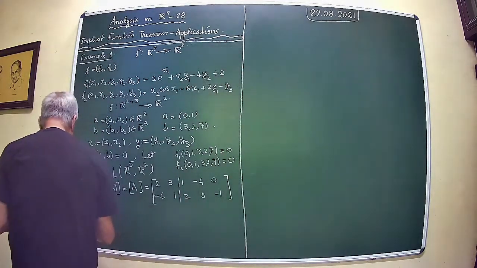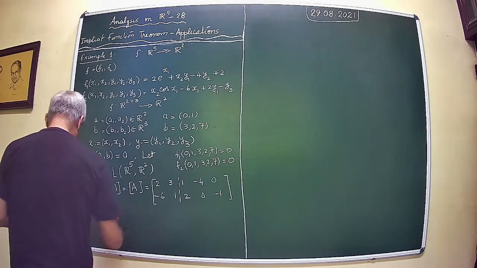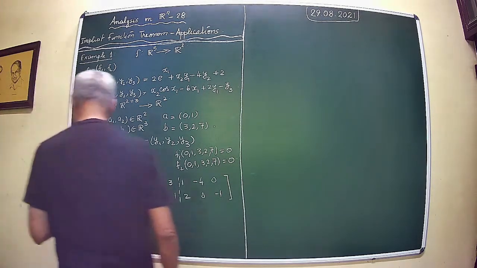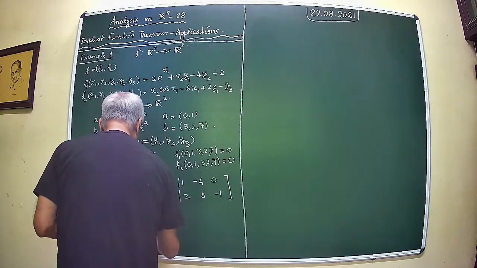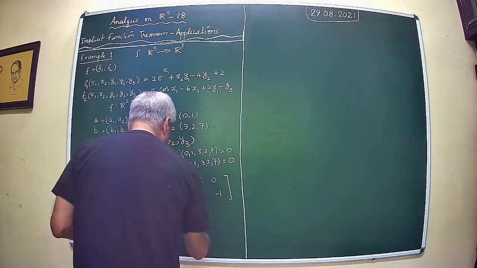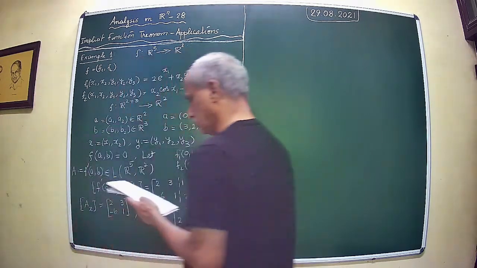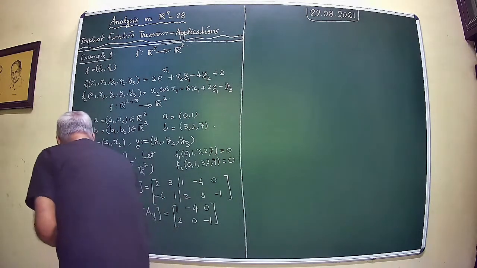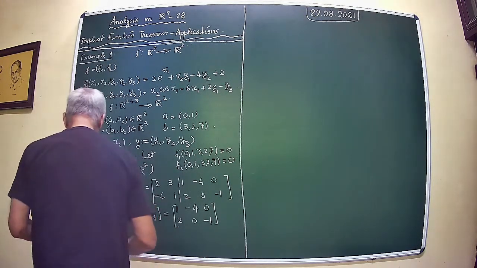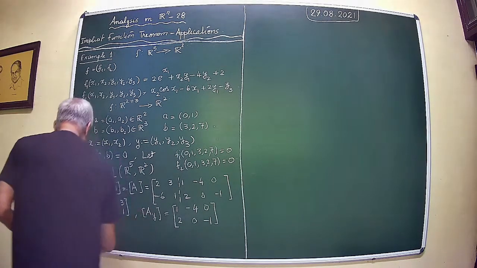Now Ax is equal to the first block of the matrix, and now we have Ax inverse. That is, this Ax is invertible.